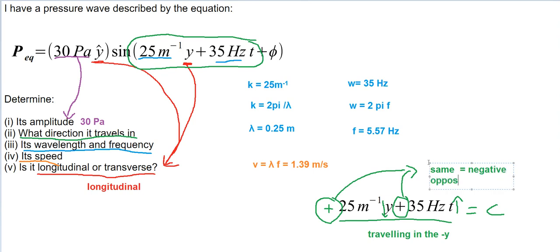And if they're opposite, one's positive and one's negative, you'll always be traveling in the positive direction of whatever your variable is. And that's a shortcut for figuring out the direction that it travels in. It's actually based off of this functional form by doing a transform as you go forward in time.